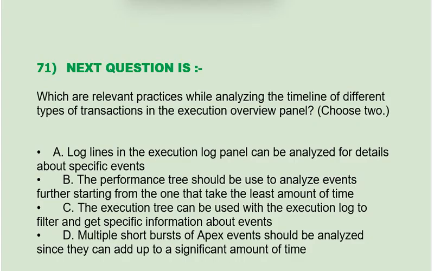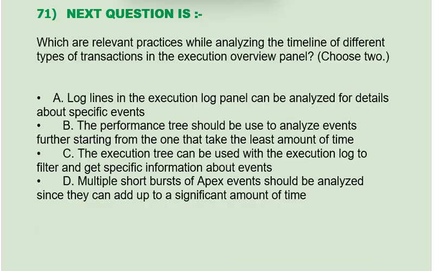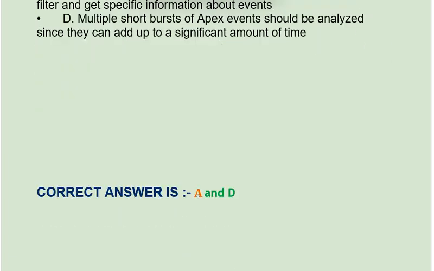Option C, the Execution Tree can be used with the Execution Log to filter and get specific information about events. Option D, multiple short bursts of Apex events should be analyzed since they can add up to a significant amount of time. Correct answer is option A and option D.